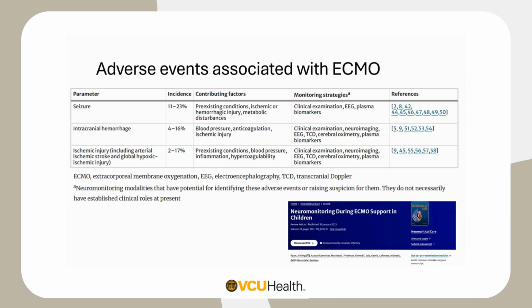We also have intracranial hemorrhage, which occurs in 4 to 16%, and arterial ischemic stroke, with 2 to 17% incidence. A lot of the studies that have looked at these have evaluated different biomarkers, including the clinical exam, plasma biomarkers, neuroimaging, EEG, TCD, and so forth.